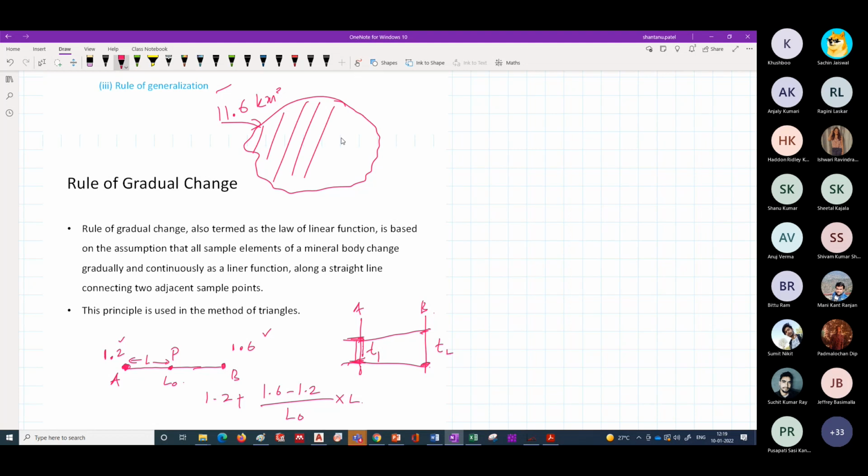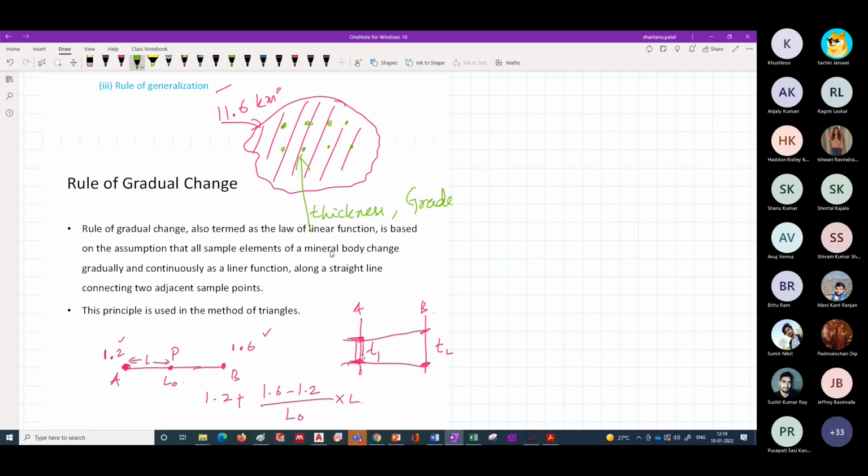So in our detailed exploration, we drill holes as closely as possible. From each point we know the thickness and we know the grade.